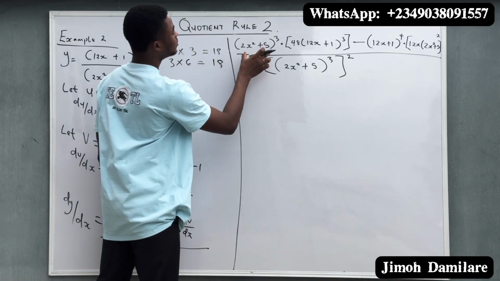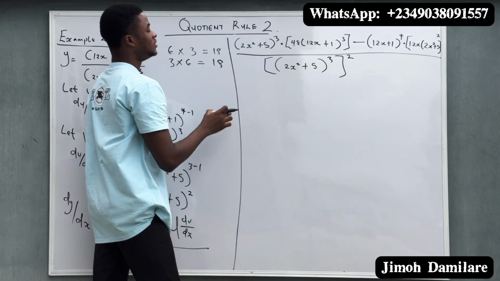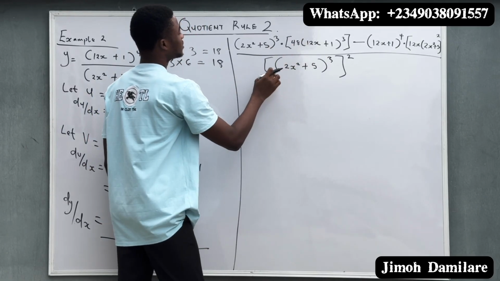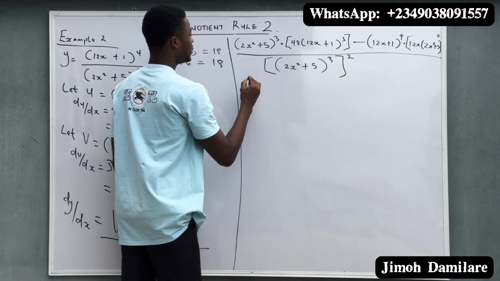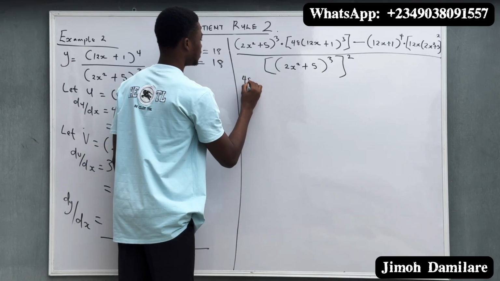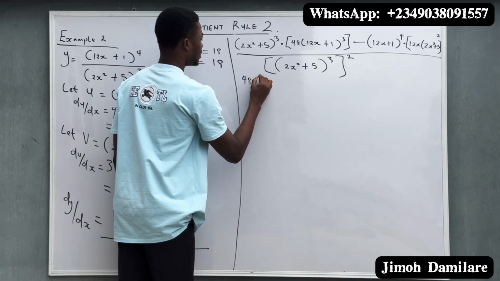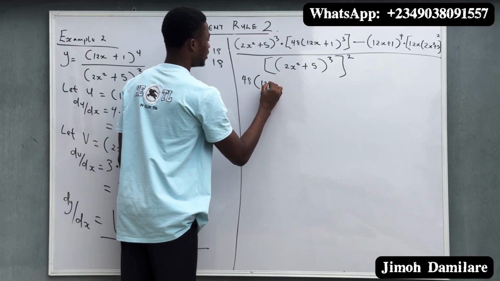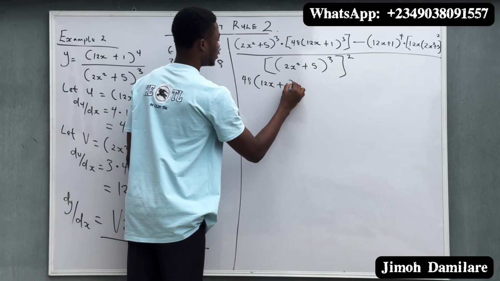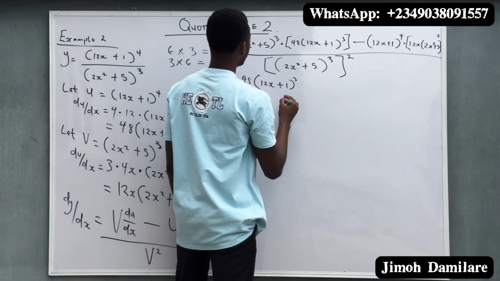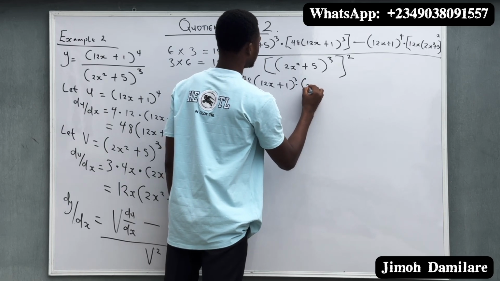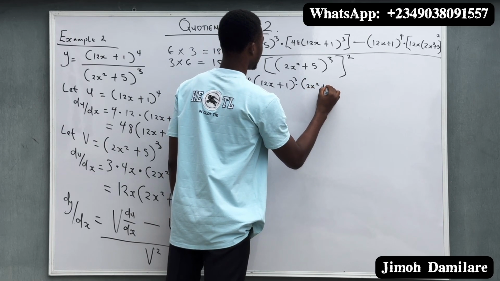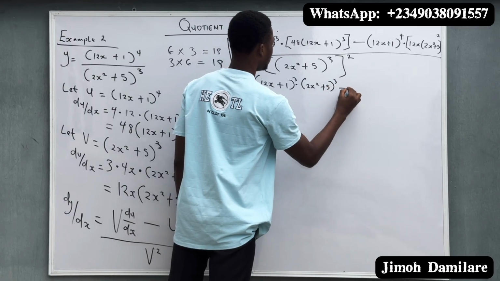So we can apply this to what we have as the numerator by rewriting these terms. You can see we have 48 open bracket 12x plus 1 here. So we can bring that out. So we can have 48 open bracket 12x plus 1 raised to power 3. So we can also rewrite this as dot open bracket 2x squared plus 5 raised to power 3 minus.